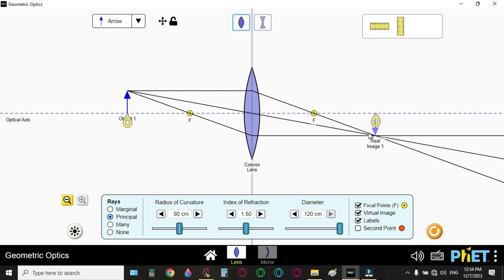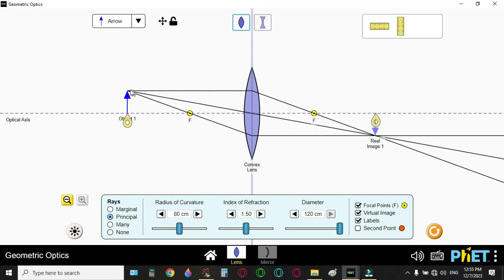Same procedure. The first ray is drawn from the head of this arrow parallel to the optical axis, and then it bends, passing through the lens towards the focal point. That's the first ray. The second ray, still the same: just draw a straight line from the head of the arrow passing through the vertex here, and it should converge at this point with the first ray.